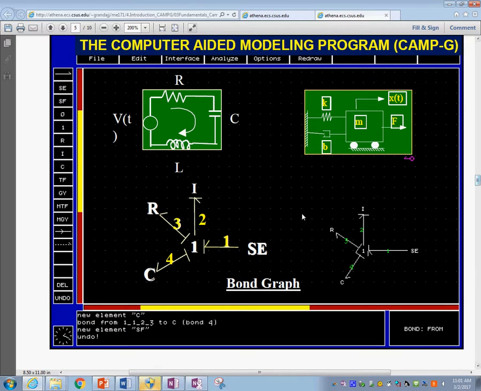And that's what's happening here. This is what we entered into CAMG. We enter this, whether it is for the mechanical or the electrical system, it works the same way.